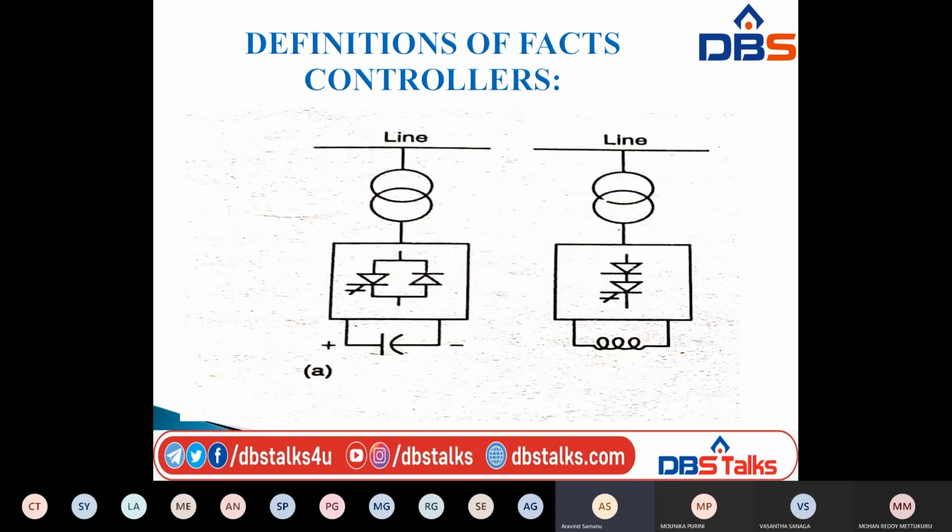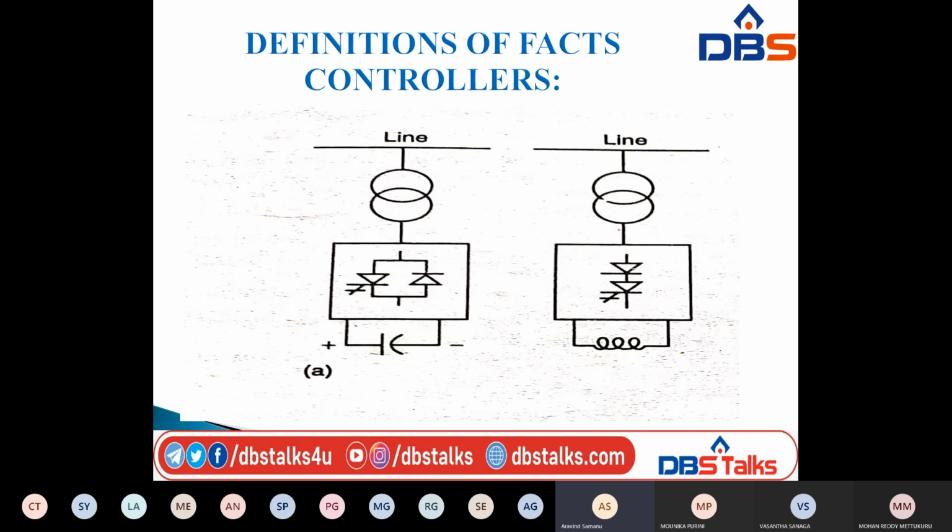For the converter based controllers, there are two principal types of converters with gate turn off devices. These are the so called voltage source converters and current source converters.